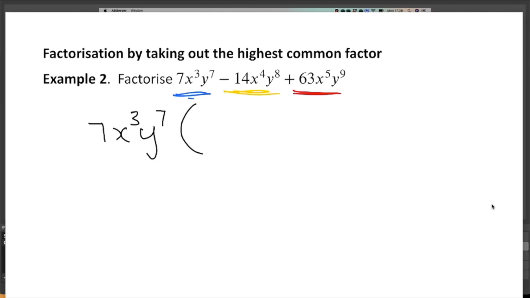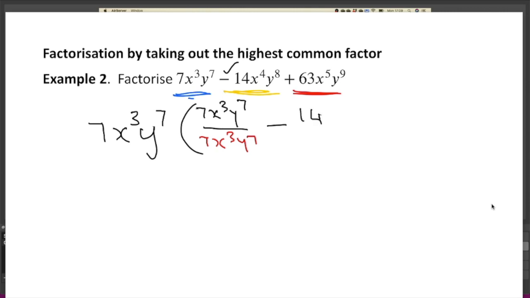Then remember, to get the other factor, you need to divide by the highest common factor. So now 7x cubed y to the 7 should be divided by the highest common factor, which is 7x cubed y to the 7. All right. Minus, I'm just putting down the negative sign. You see that negative sign there? I'm writing it down there.